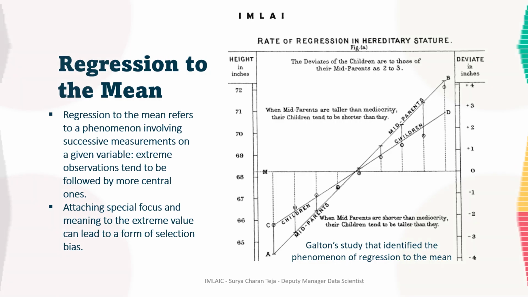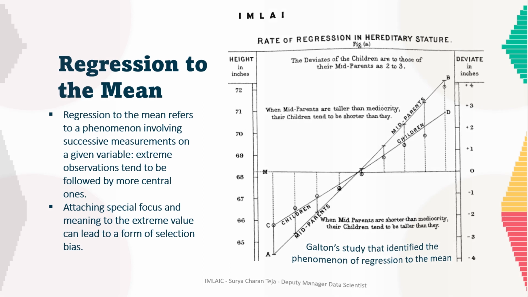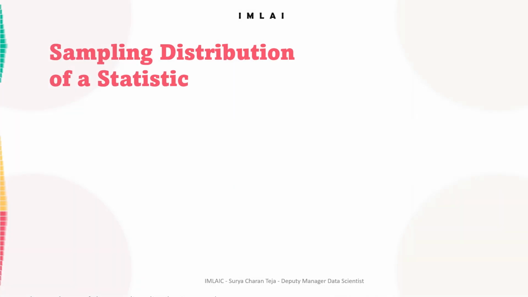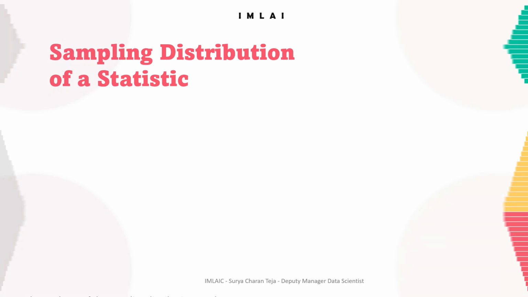So now let's get into the distribution or sampling distribution of a statistic. The term sampling distribution of a statistic refers to the distribution of some sample statistic over many samples drawn from the same population. I'm repeating this point.